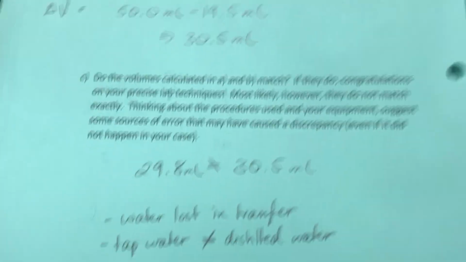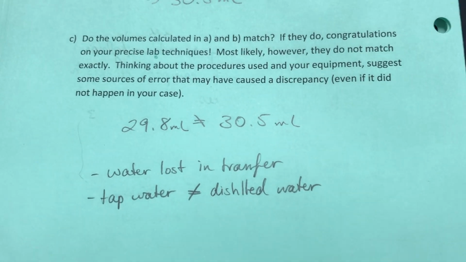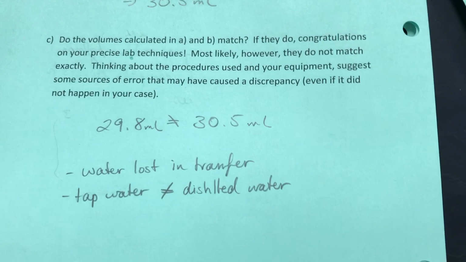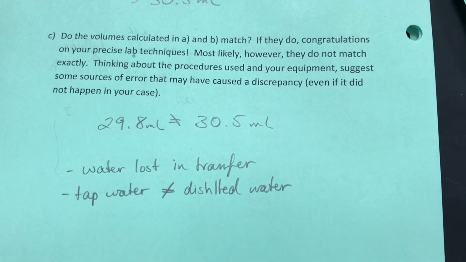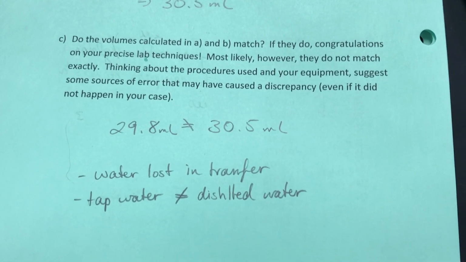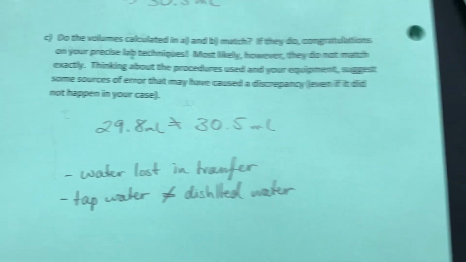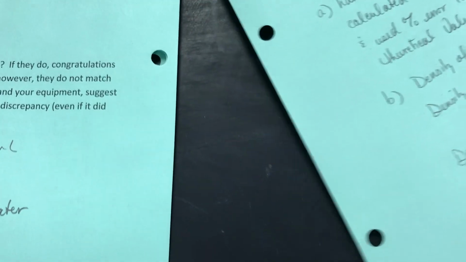Then you're going to measure the actual volume of water and compare those two values. They either are or are not going to match. And if they don't match, or if they didn't match, you can see on mine didn't, potentially explain why they didn't match. After you're done that, you can clean everything up.